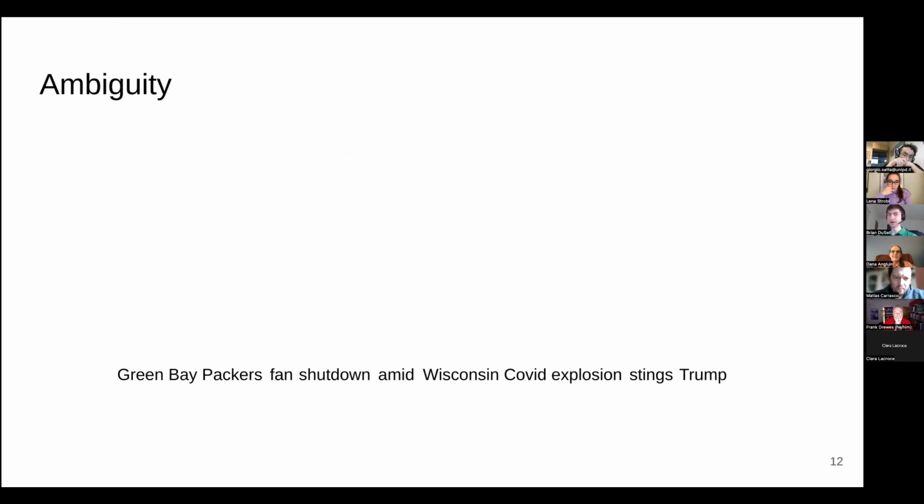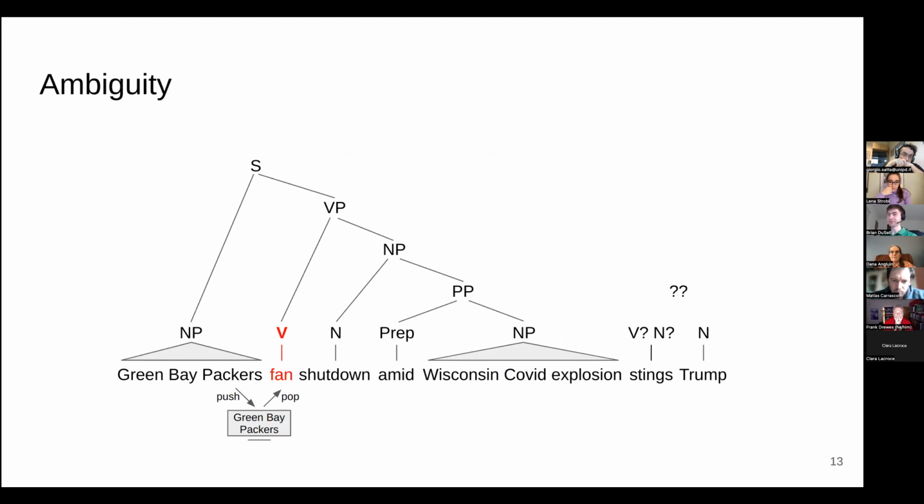There are at least two plausible parses that I can think of that are active until the last two words, if you're reading from left to right. I don't know about you, but when I read the sentence the first time, I thought that the main verb was the word fan, like you're fanning something. So I tried to parse the sentence as follows.